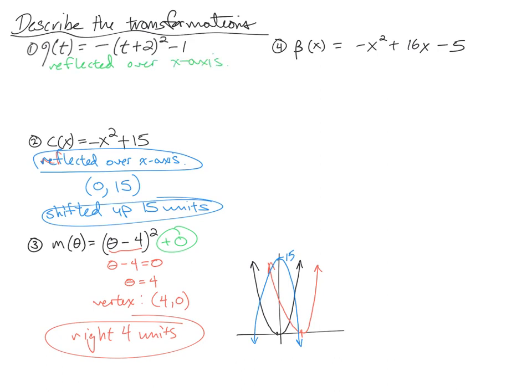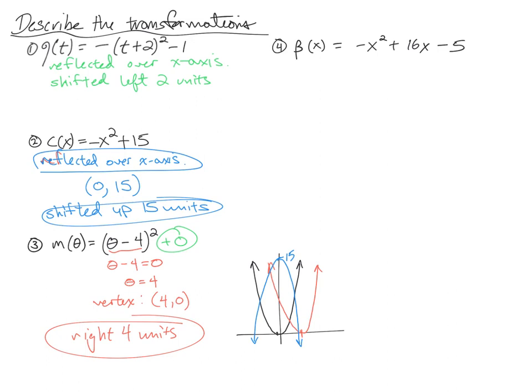What else do we have going on? Well, I know a plus, oh, I've seen that before, not in this one, but if a negative inside moves it right, then a positive inside, the exact opposite of a negative, should move it the opposite direction. So let's say this shifted left 2 units.